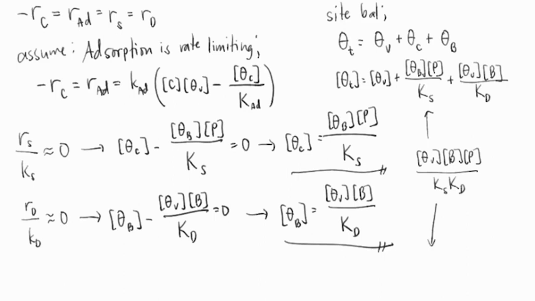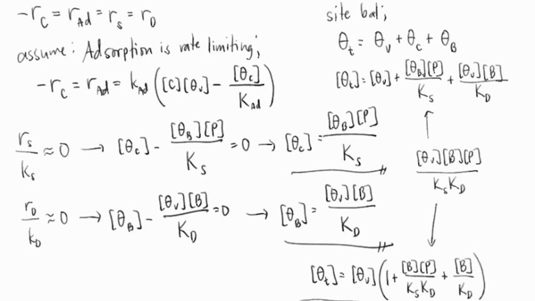We will have the concentration of the total active sites is equal to the concentration of the vacant active sites multiplied by 1 plus concentration of benzene times the concentration of propylene over capital Ks times capital Kd plus, for the last term, concentration of benzene over capital Kd. This is now our final site balance. We can use this site balance to substitute as an expression for theta V, or the concentration of the vacant active sites, in our overall rate law.